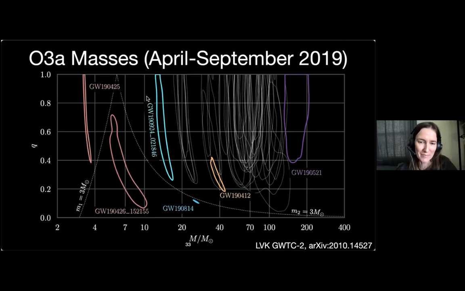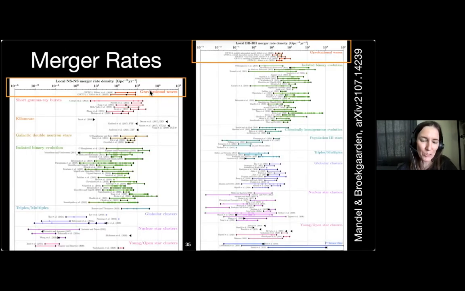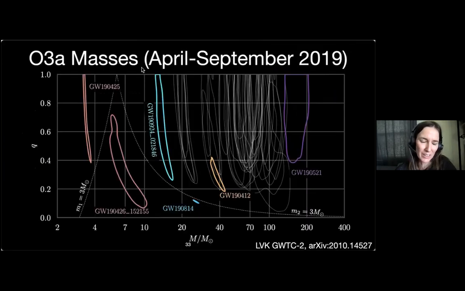So this is how we get to the kinds of recovered properties of the catalog of gravitational wave observations, like these likely regions for the mass and the mass ratio. This is from the second gravitational wave catalog put out by the LIGO-Virgo-KAGRA collaboration.